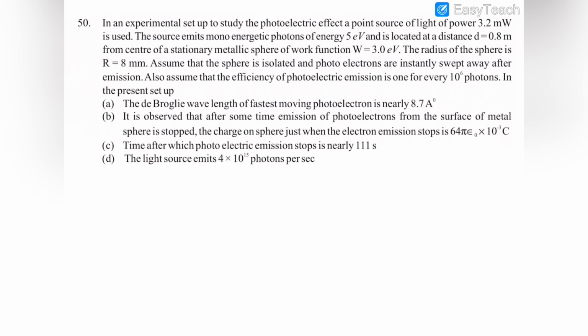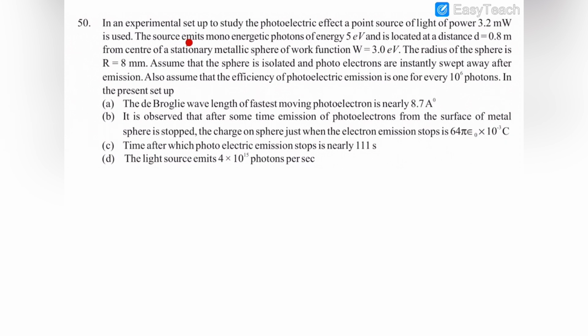In this question, you can see that there is an experiment which is used to study the photoelectric effect. In this experiment, a point source of light whose power is 3.2 milliwatt is used.